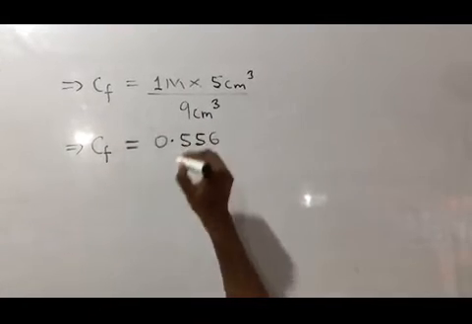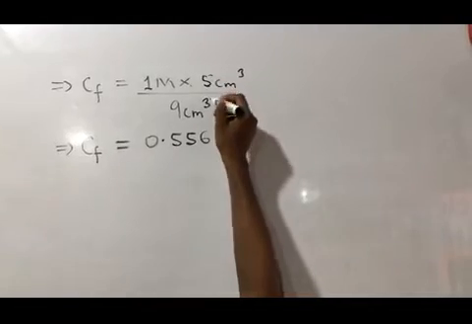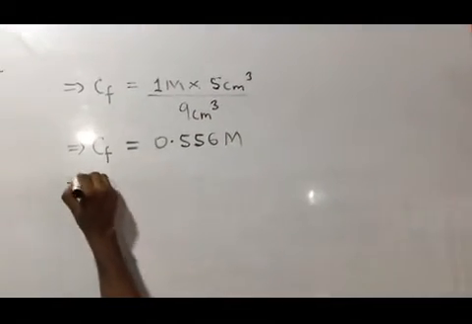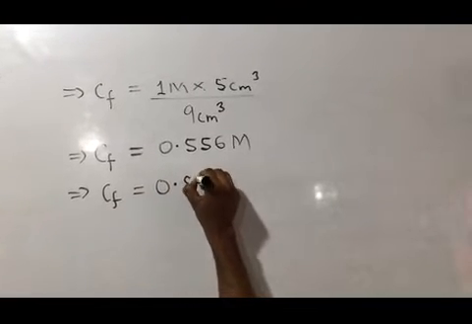To 3 decimal places, that will be 0.556. The cm³ cancels out and you are left with molar, which is the same as mole per dm³.